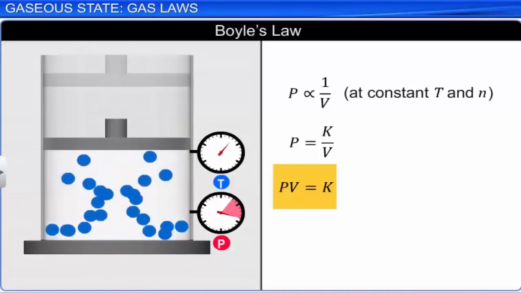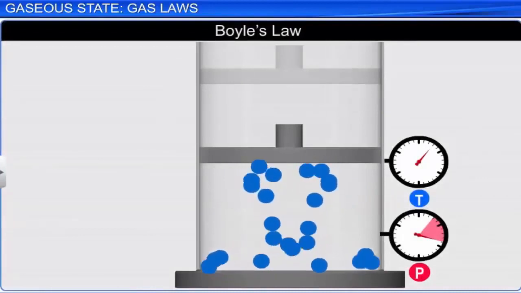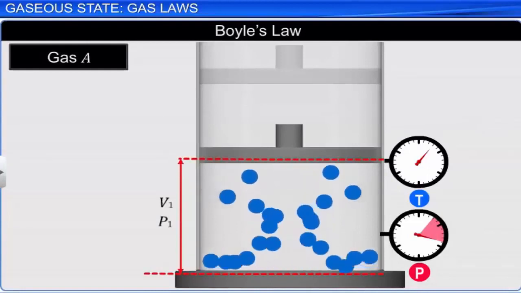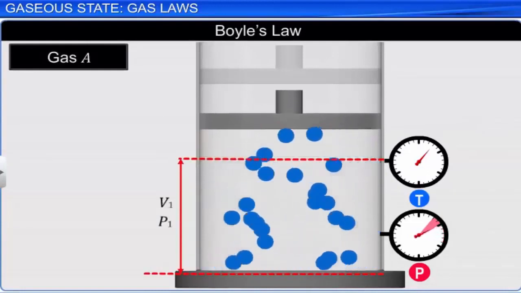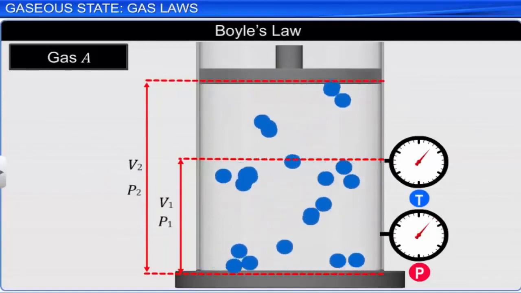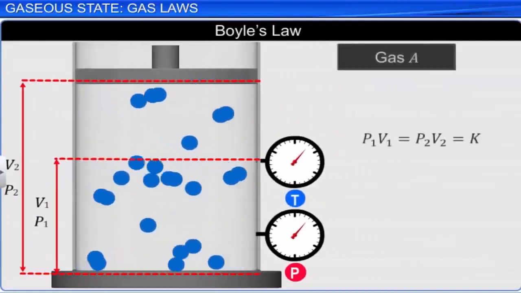For example, if n moles of a gas A occupying volume V1 at pressure P1 expands to volume V2 and pressure P2 at constant temperature, then P1 V1 is equal to P2 V2, which is constant.